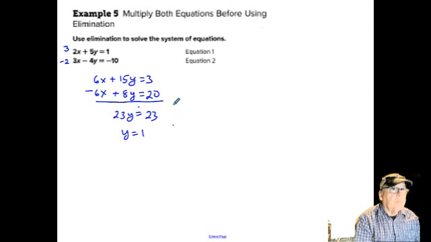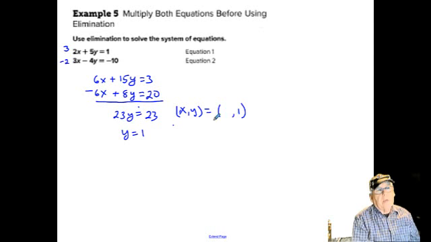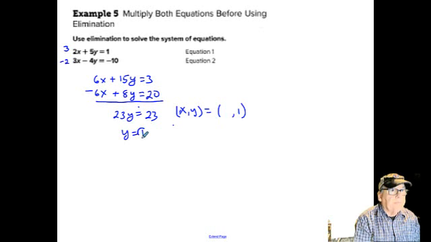Now, if y equals 1, we need to see what x is. So we're going to take this 1, go to one of our two original equations, and plug it in for the y and see what x has to be. So if I go to the first one, we have 2x plus 5 times 1, where y is equal to 1 from this, is equal to 1.